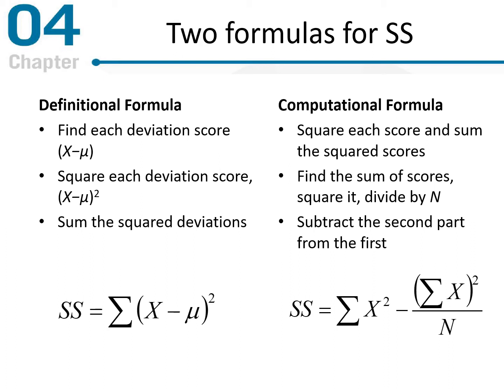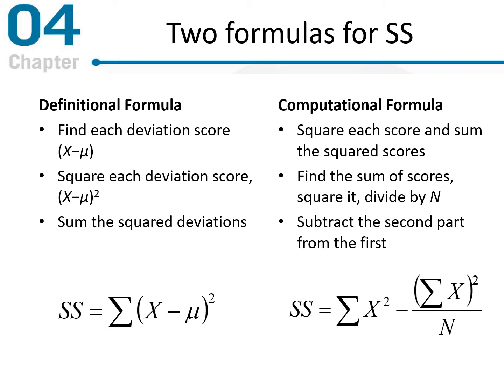So whatever you see in the parentheses has to be done first. So it says sum of x here in parentheses. That means you're going to sum up your x column of scores. And the best way to do this is list the scores in a column and then sum up the column. Same thing you did with the x squared. Sum up that x column, square it, square that sum.